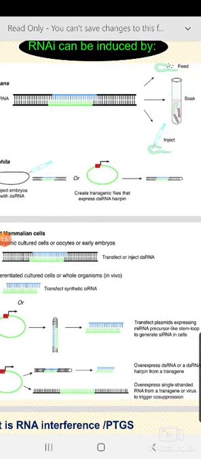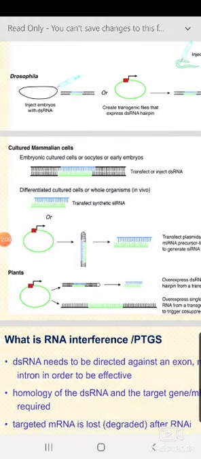Or you can create transgenic flies that express double-stranded RNA, which is in a hairpin. Then you can digest it also. Now, cultured mammalian cells, embryonic culture cells, oocytes or early embryos, you can transfect or inject double-stranded RNA.